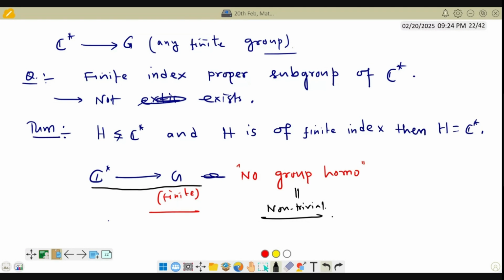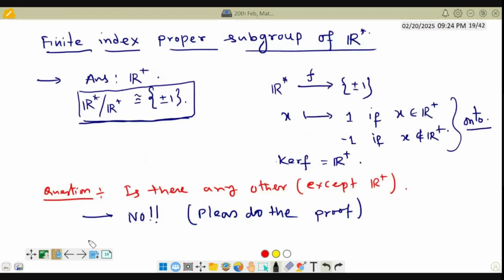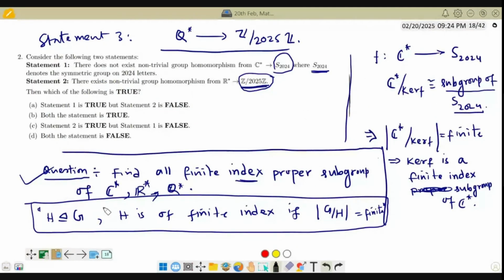You can think of a similar problem for Q star also. Now it is easy, you can solve this problem. For R star this is odd, so there exists a non-trivial one. So statement 2 is false, which means there doesn't exist one from C star to this, so this is the true statement.